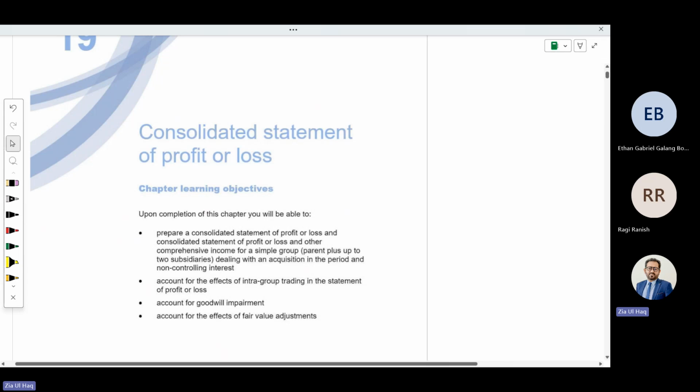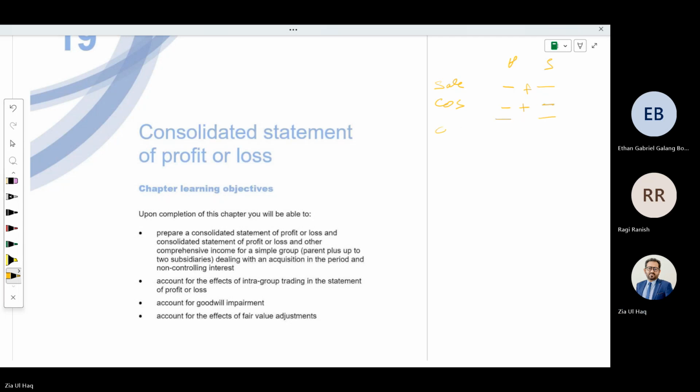What you need to do is simply add everything in the P&L. The sales figure we will add, as we have sales for the parent company and the subsidiary company, we will add both. Cost of sale, we will add both. We will calculate the GP.